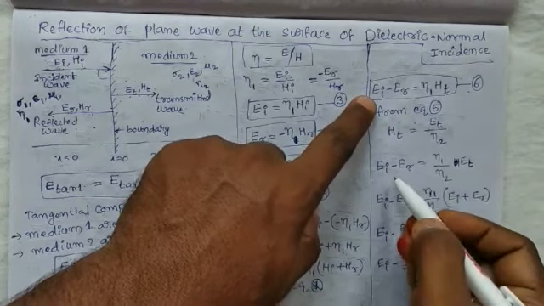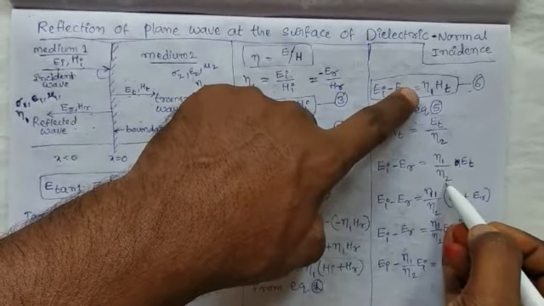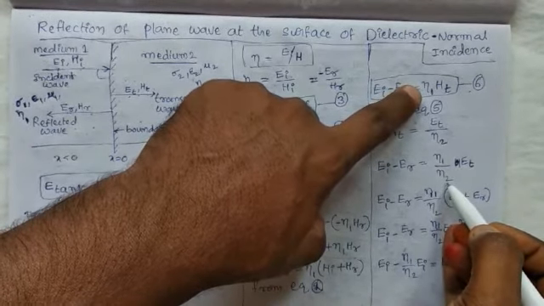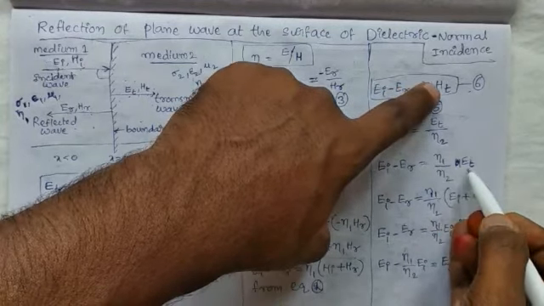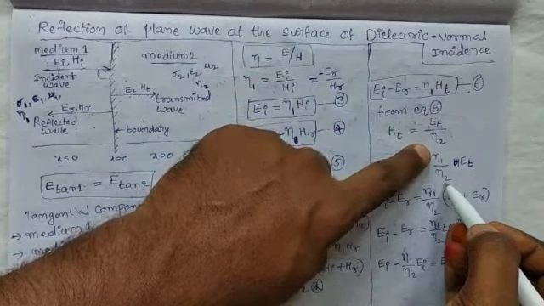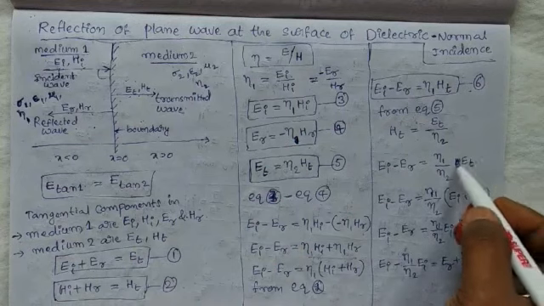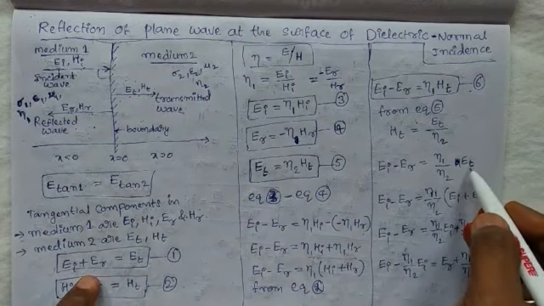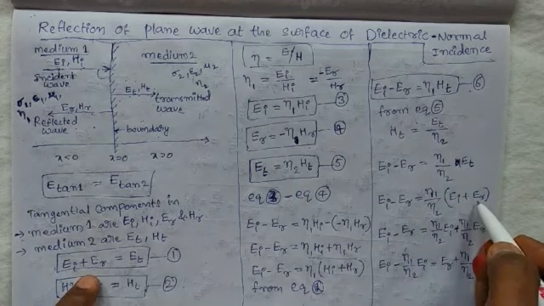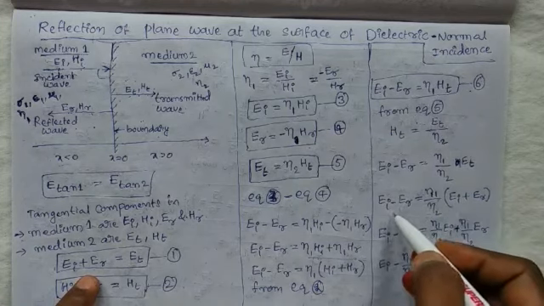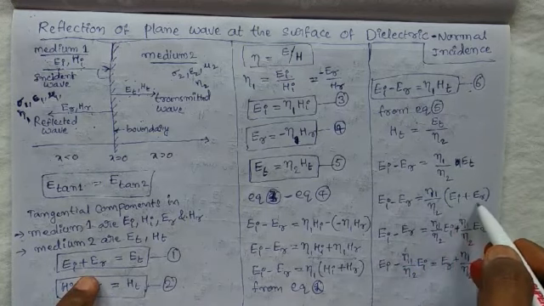EI minus ER is equal to eta 1 into HT, and HT is ET by eta 2. Here ET, from equation 1, is EI plus ER. So EI minus ER is equal to eta 1 by eta 2 of EI plus ER.